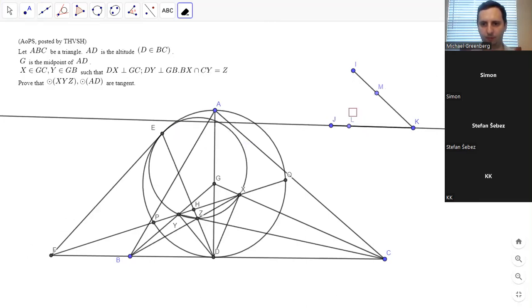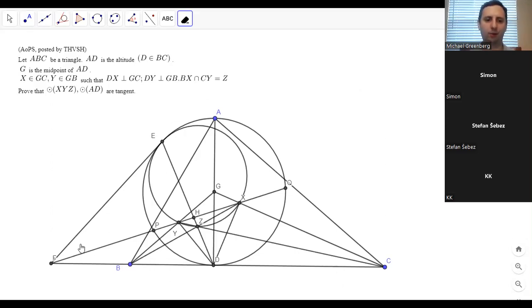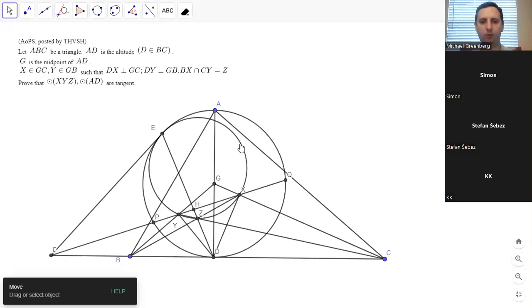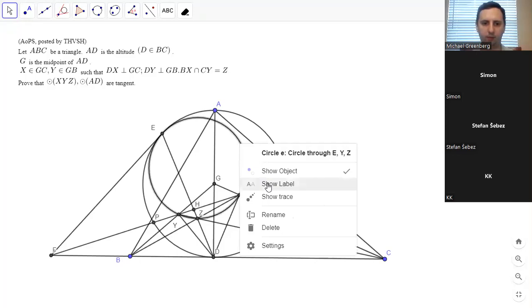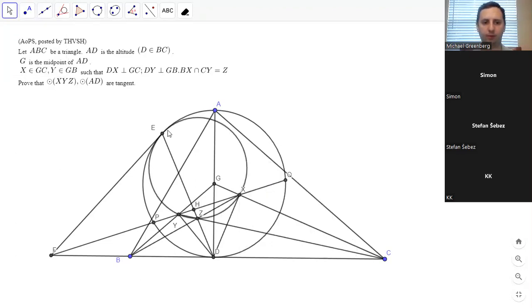All right, so let's check the chat. Power of a point at F. Yeah, I think that's kind of a strategy. So if I hide this circle, well, I'll just keep it there for now, but we have to prove that this is tangent to both.